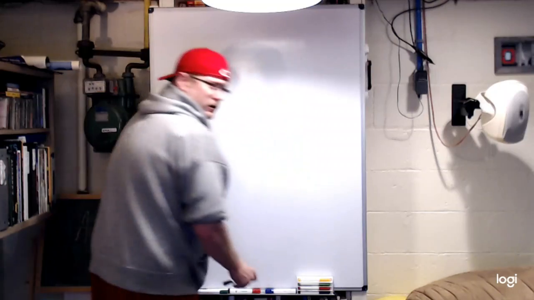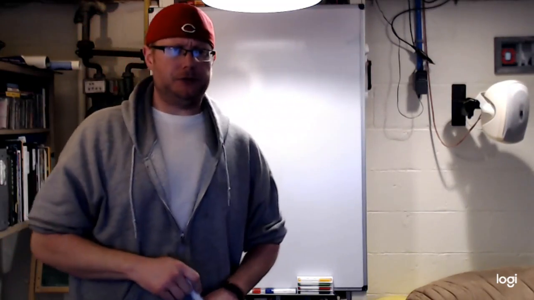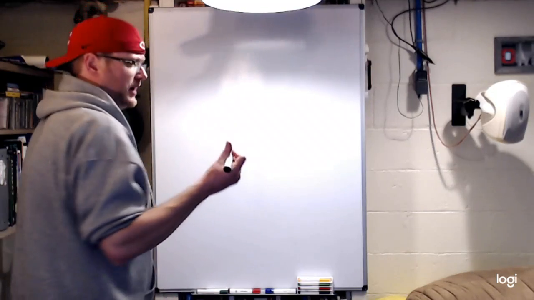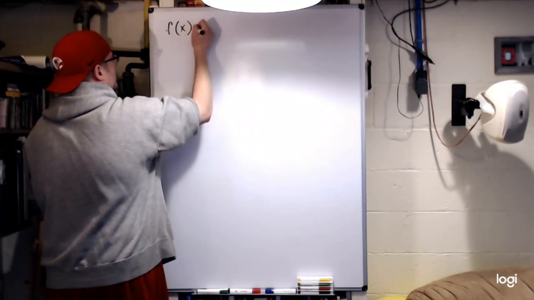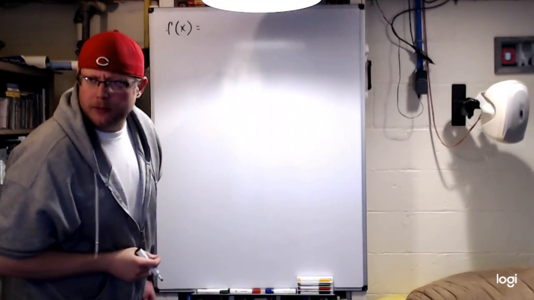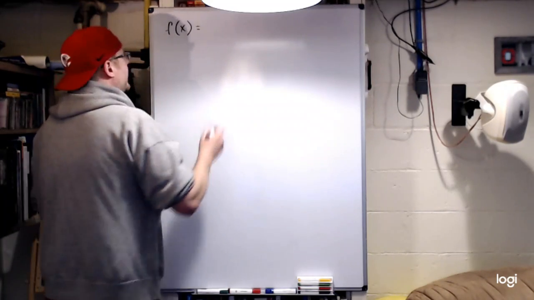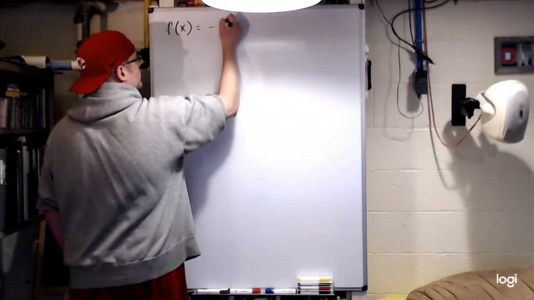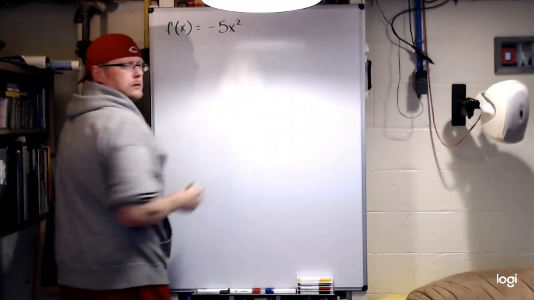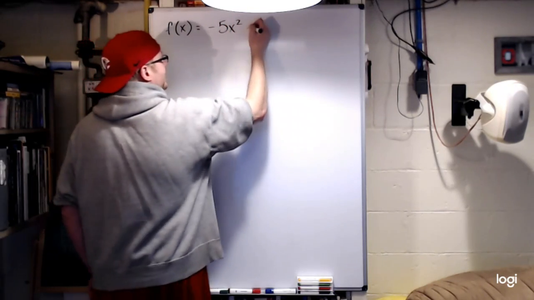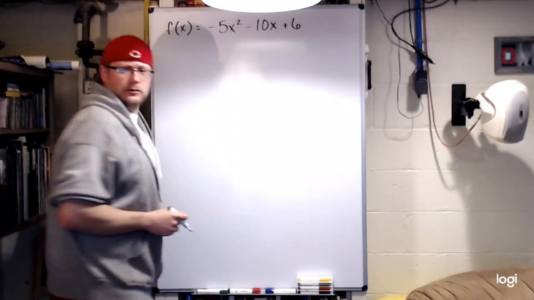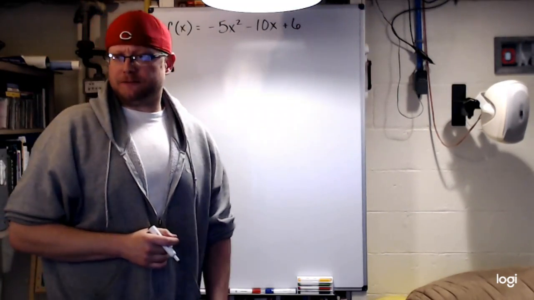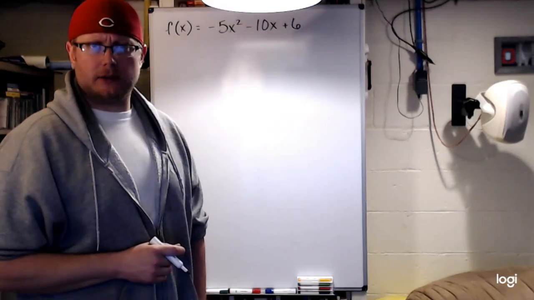All right. So if you're with me at the bottom of page 221, guided practice problem 2, we have f of x equals negative 5x squared minus 10x plus 6.